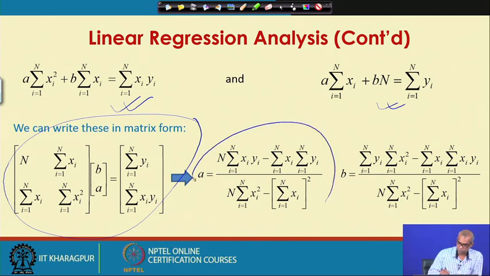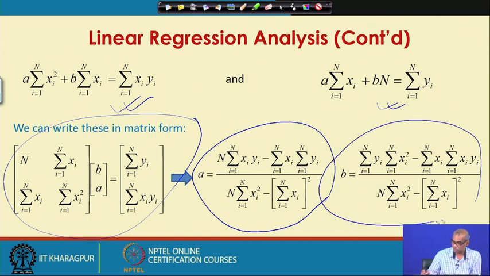The solution becomes a equal to this and b equal to this. So, the values of parameters a and b can be obtained from these two expressions.